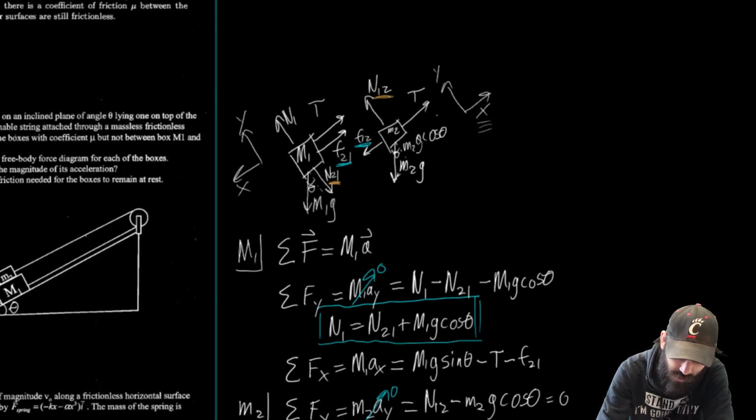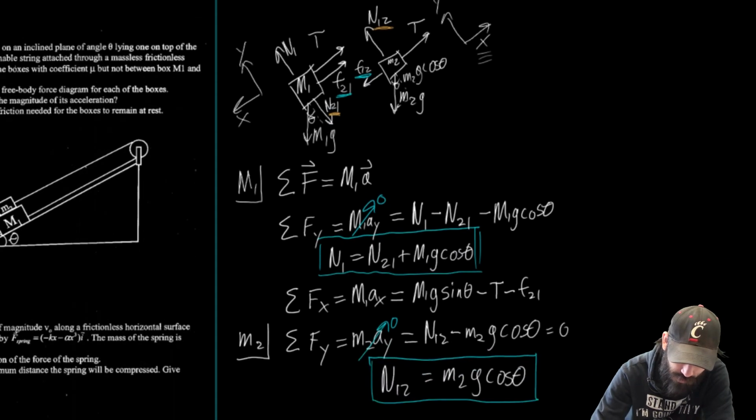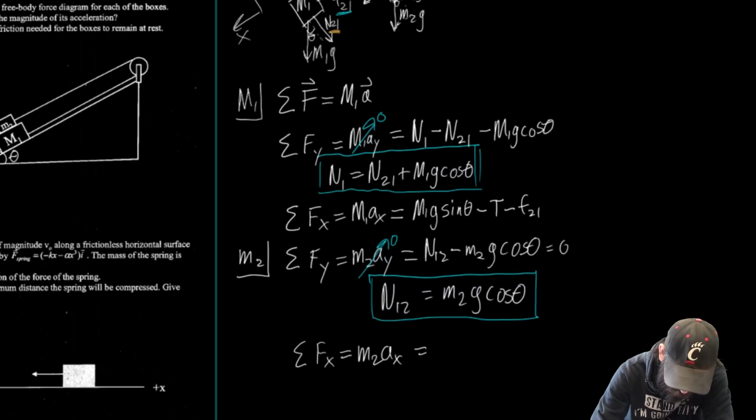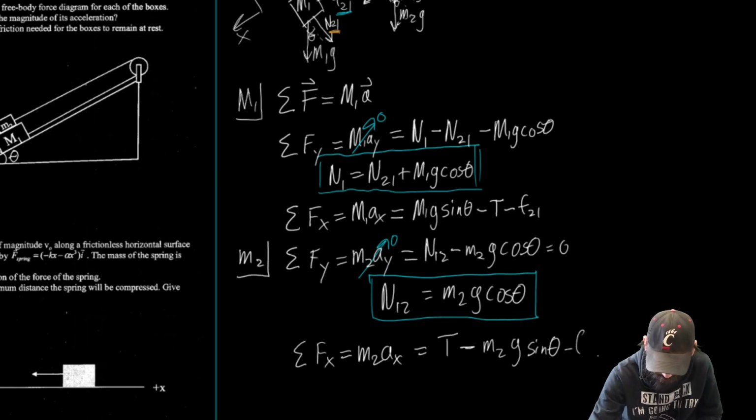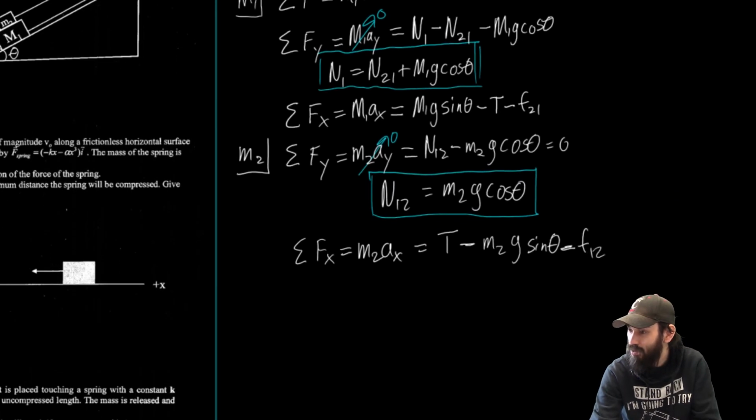You see how this is going this way now? So positive tension minus M2g times sine of theta minus the force of friction F12. Okay, so you see how we changed our direction for our coordinate system? So this is what we have.